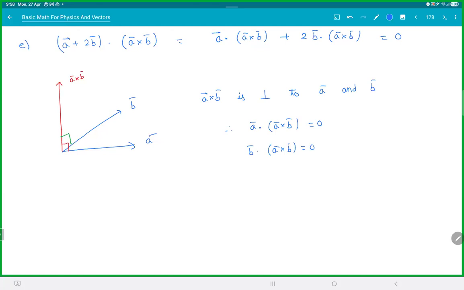Clear this. So you can actually generalize this, okay? You can say x of A bar plus y of B bar. So this is any random vector in the plane of A bar and B bar. And if you do this with A cross B, this is 0, where x and y are any numbers. So you can generalize this. So again, there's no need to solve for the E part.